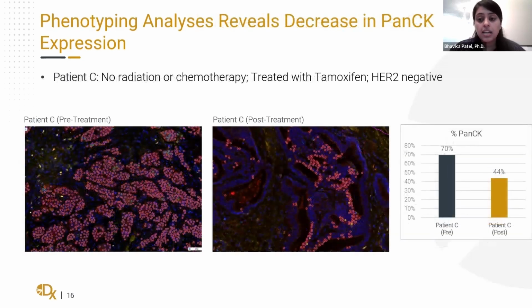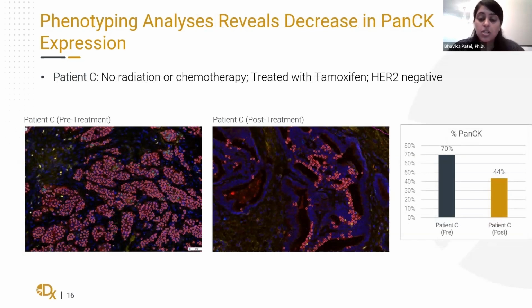Similarly to patient A, patient C was an 81-year-old with ductal cancer and also a HER2-negative tumor. She was treated using tamoxifen, but no radiation or chemotherapy. Tamoxifen is a hormone-based therapy that is commonly used to treat receptor-positive breast cancer and can help stop cancer cells from using estrogen and progesterone to grow and spread.